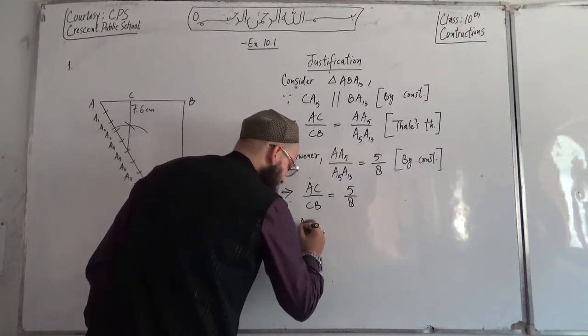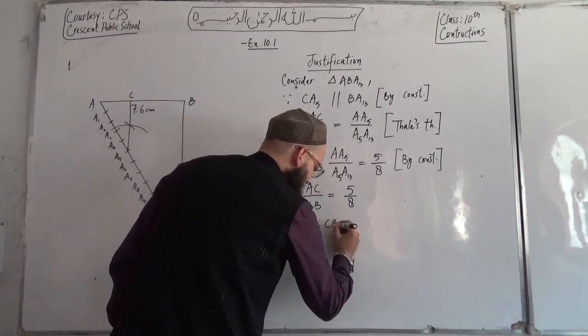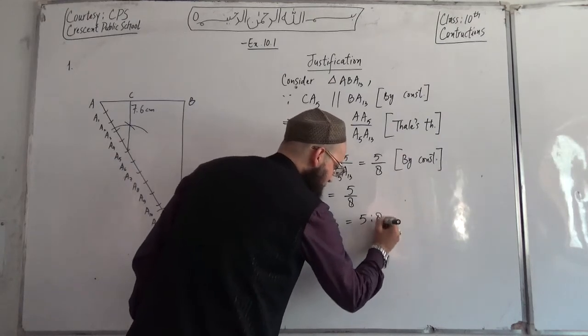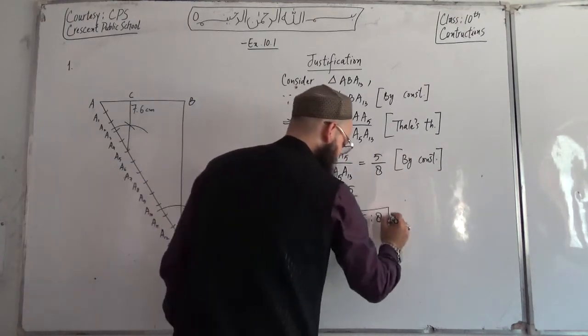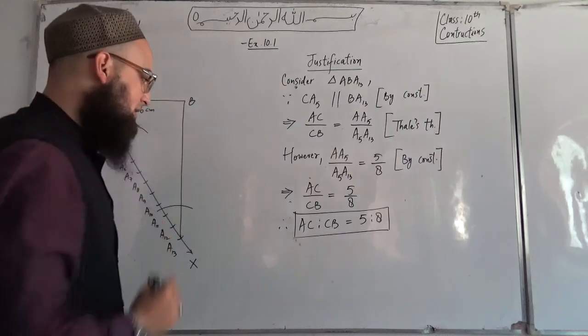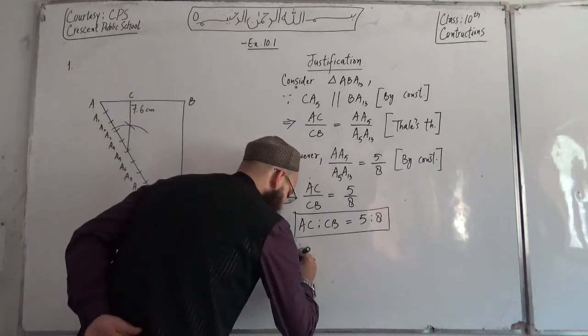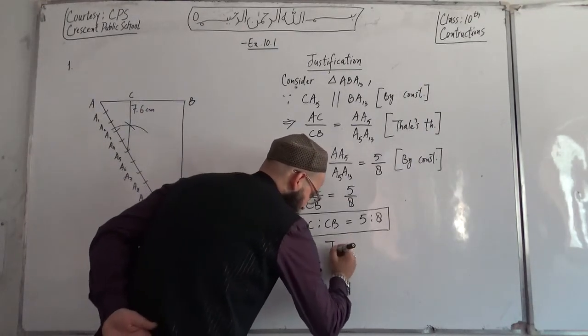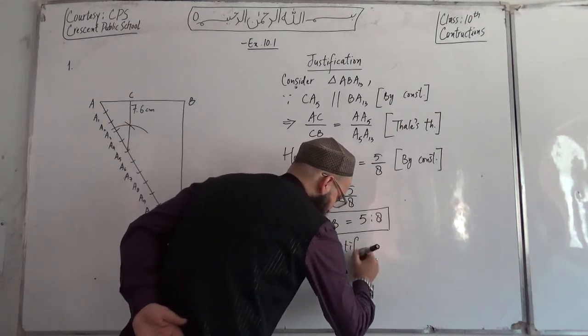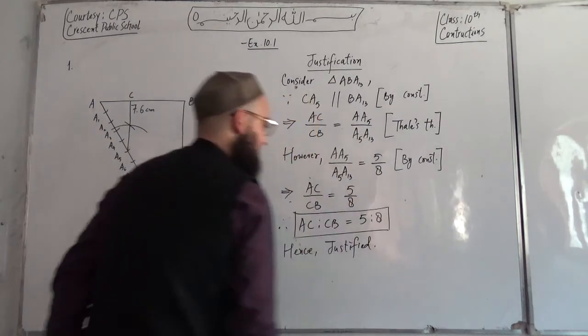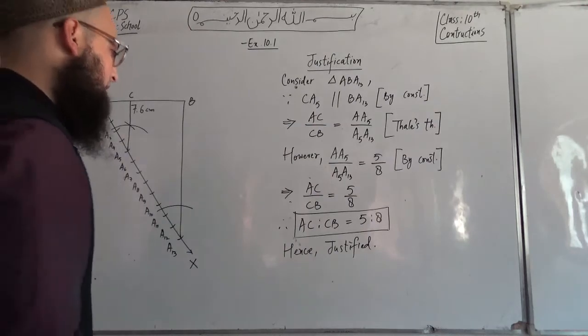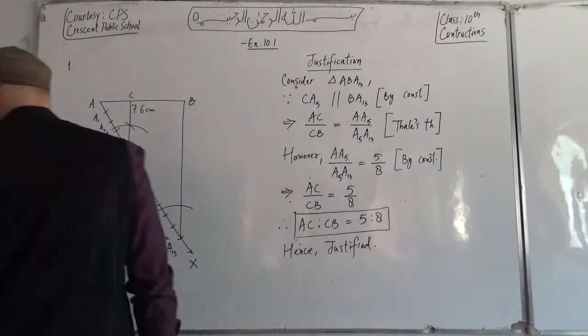Therefore, AC is to CB is equal to 5 is to 8. You got it? Hence, justified.